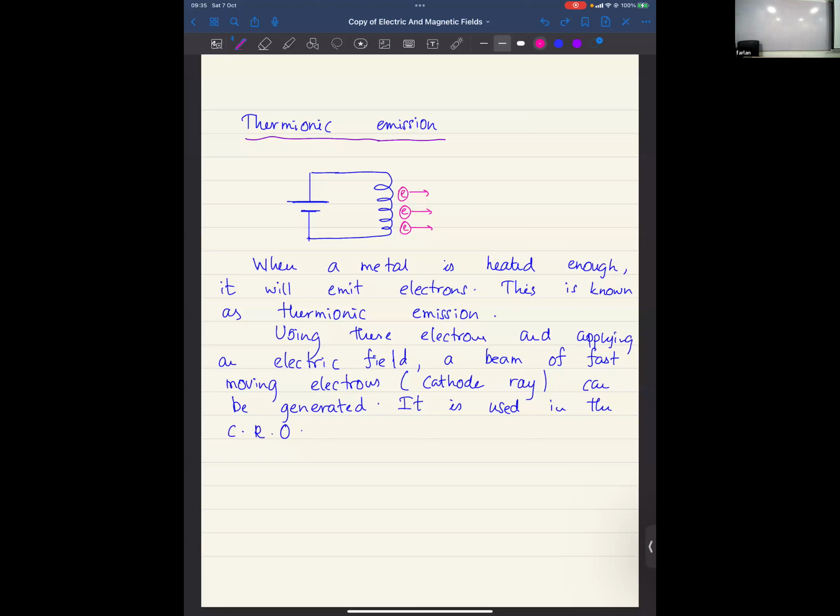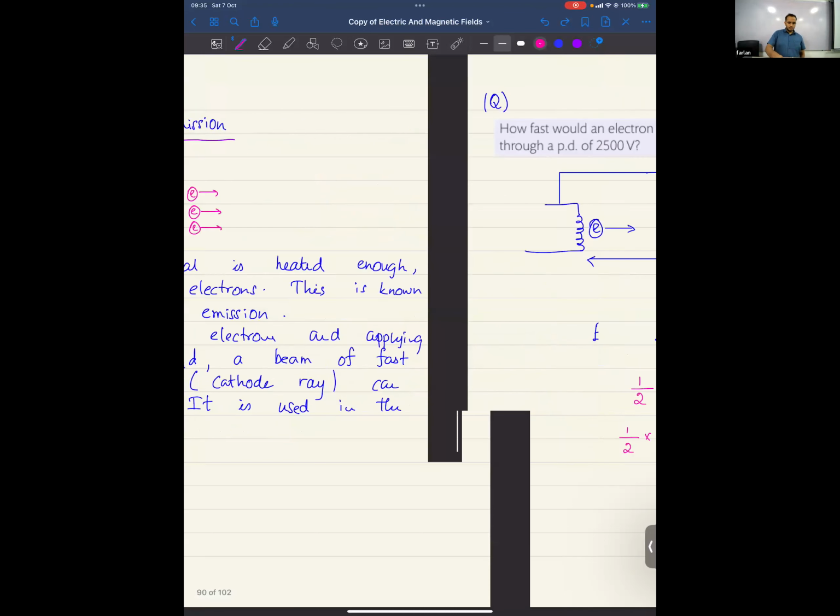An oscilloscope which uses cathode rays, a beam of electrons. That's why you call it a cathode ray oscilloscope. So guys, write down a question.